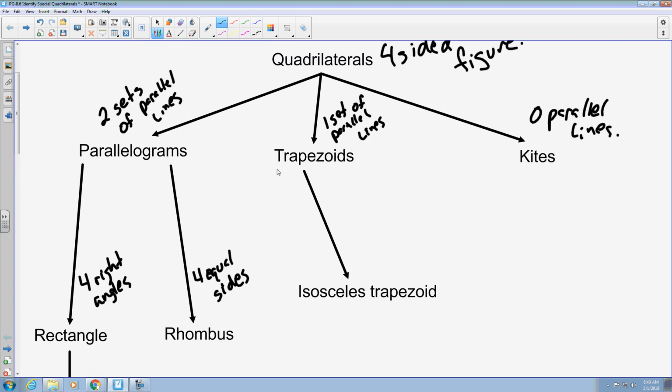If the quadrilateral only has one set of parallel lines, we know it's a trapezoid. If we believe that it could be an isosceles trapezoid, that means that the two legs in the trapezoid are equal. If we think that it has zero parallel lines, and we think it may be a kite, we also have to take into account that the consecutive sides will be equal.